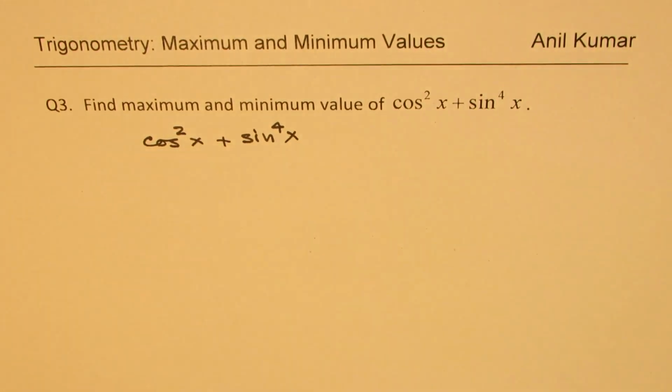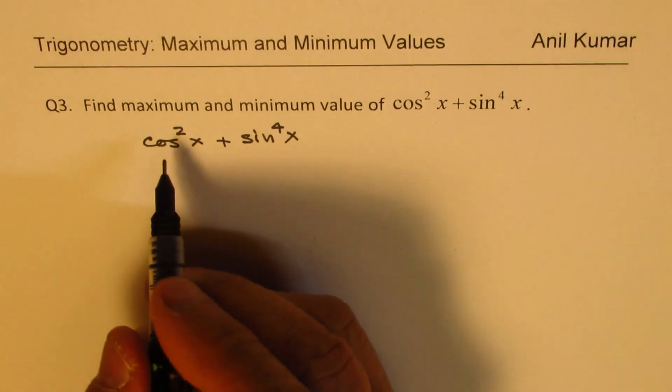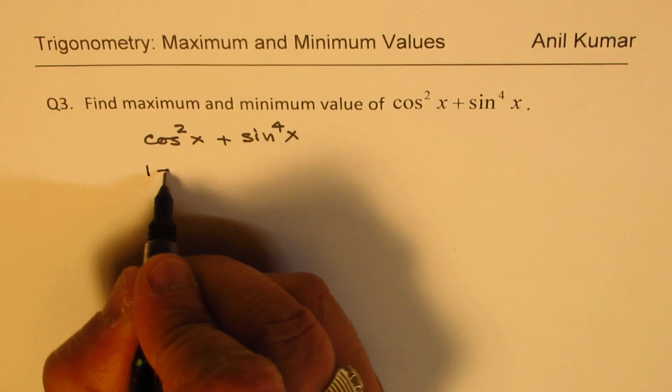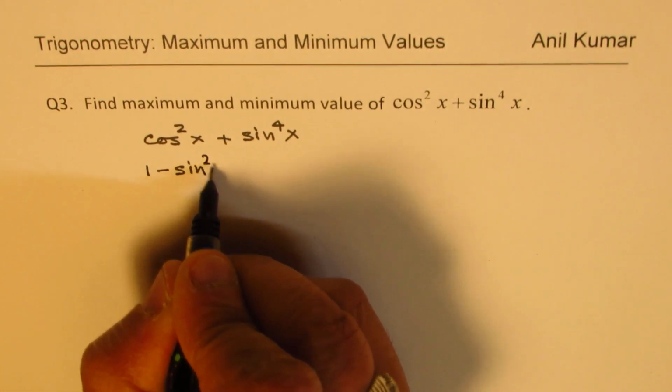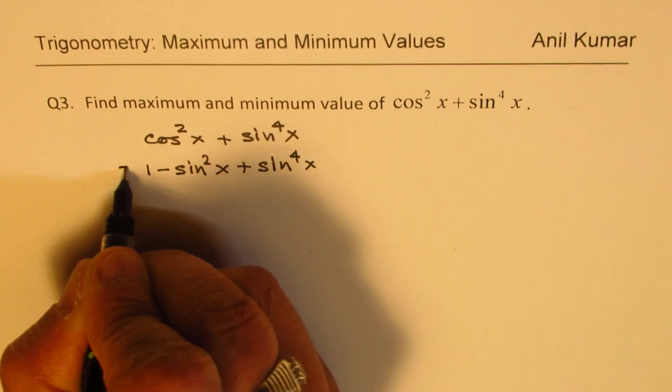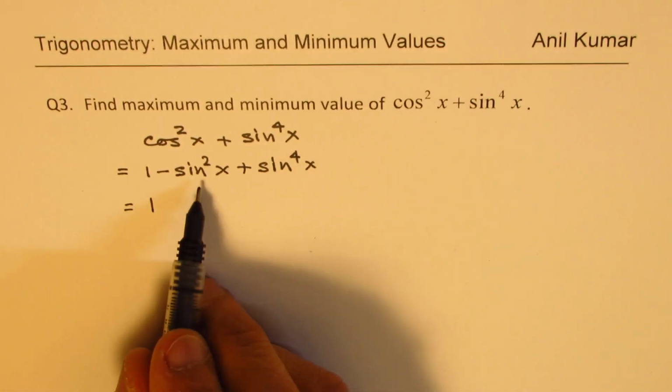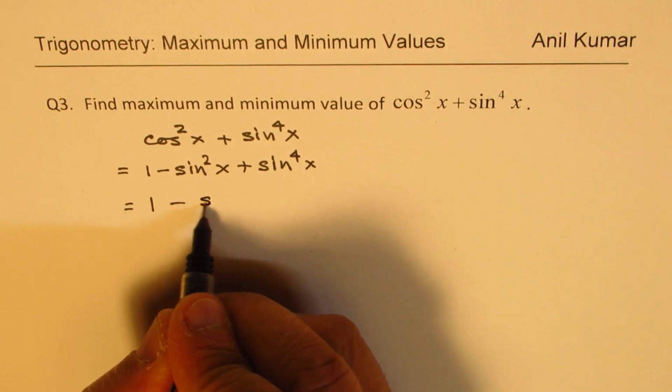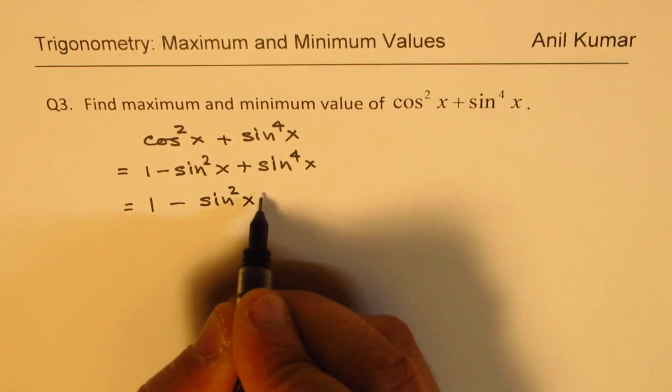Okay, let's try to get them in one kind of terms. That will be simpler for us to work with, right? So cos square x, I could write this as 1 minus sine square x. And we have here sine to the power of 4x, right? Now, in these two terms, I can take sine square x common.